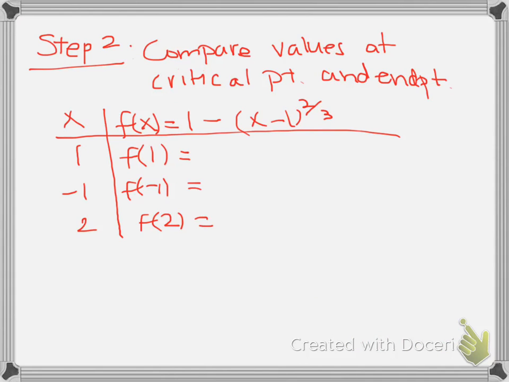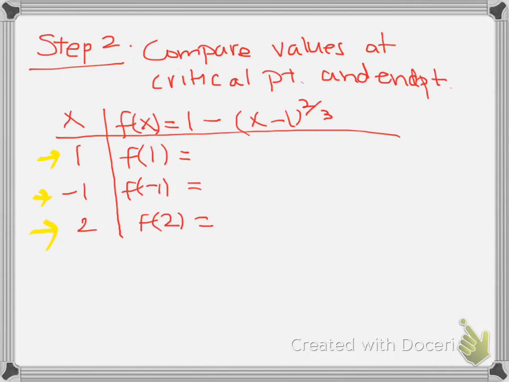Okay, so now we compare our values at our critical points and our endpoints. Well, we just have one critical point, that's 1. And then we have our two endpoints, right? And so check this. Don't just write down my answer, but I actually want you to check this because I could have made a mistake on purpose or not.